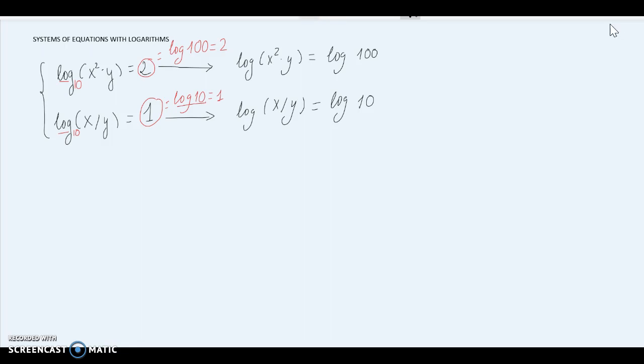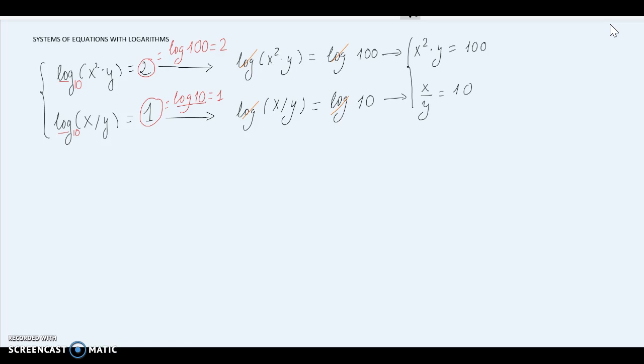Given these equations, we have one logarithm equals another, so we can cancel the logarithms on both sides. The first equation will be x squared times y equals 100, and the second equation will be x over y equals 10. These two equations will be our equations to solve.